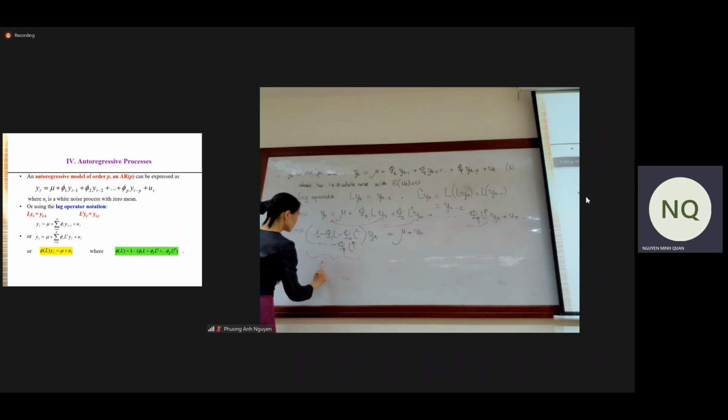So what is phi(L)? It's like an operator, like a polynomial. In practice, you have coefficients like 1.5, 0.9, 0.8, 0.7. So the phi are the coefficients.